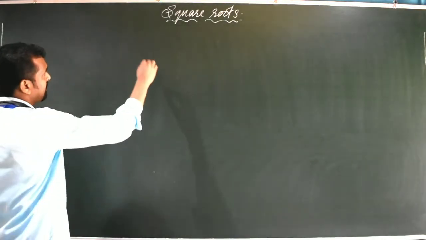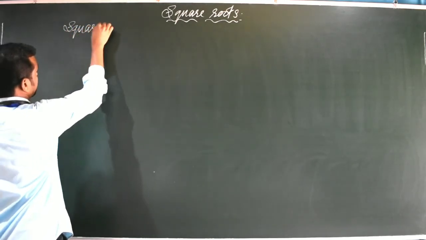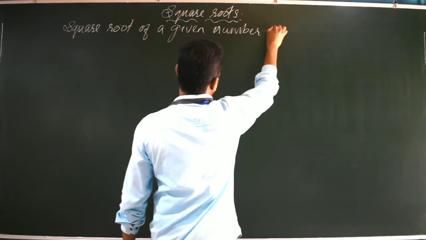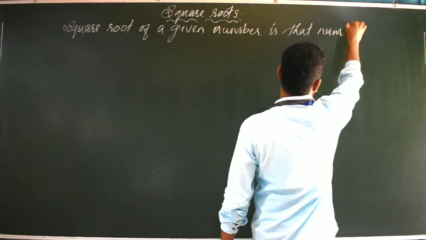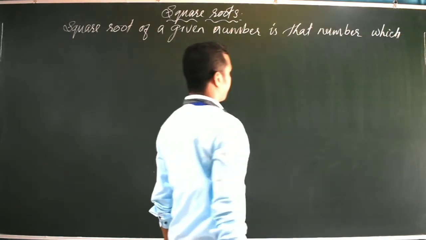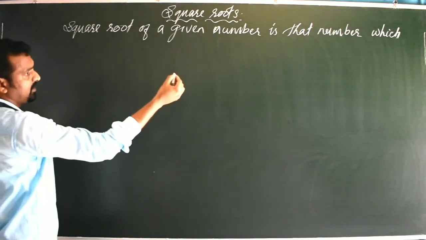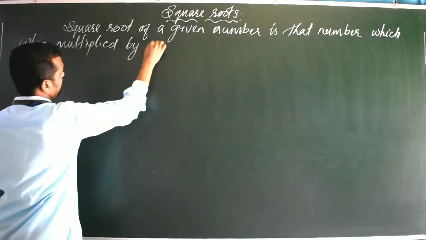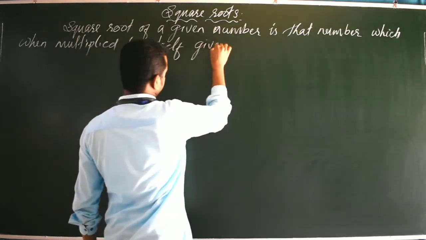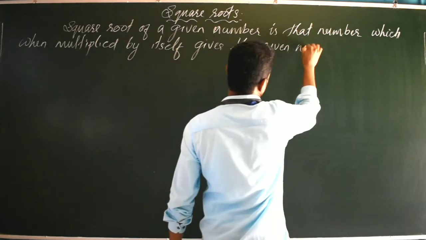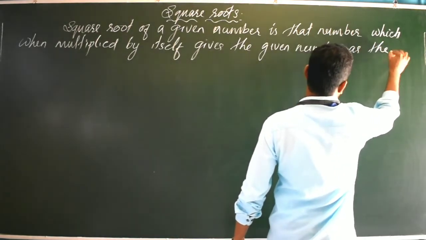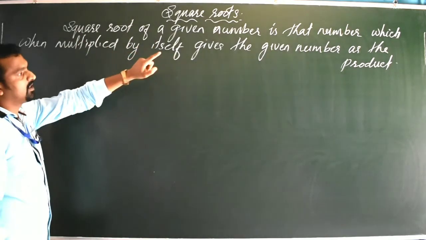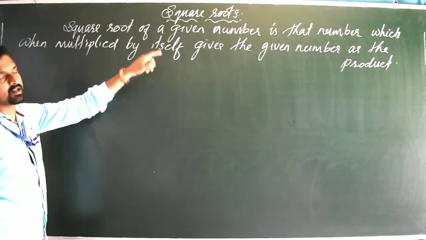Square root of a given number, the definition we can write this way: the square root of a given number is that number which when multiplied by itself gives the given number as the product.